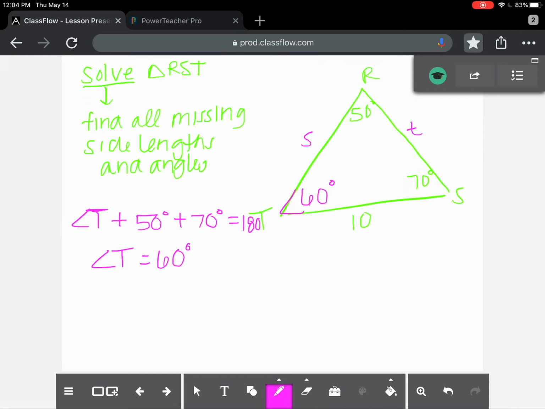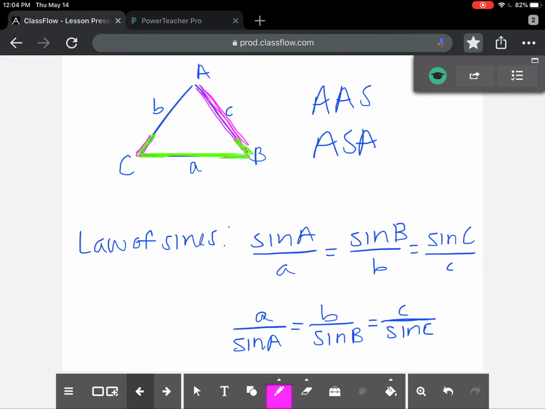So I can say that angle T plus 50 degrees plus 70 degrees will equal 180 degrees. So angle T is going to equal 60 degrees. Easy.